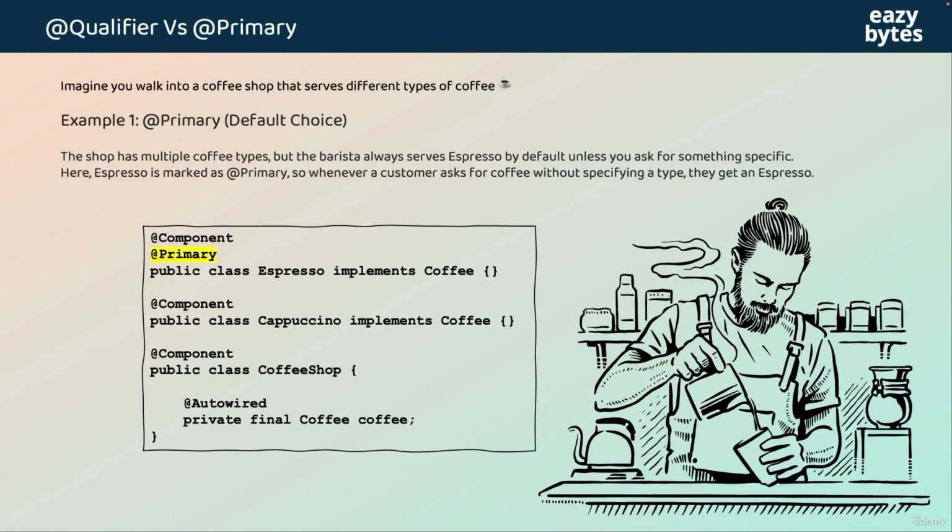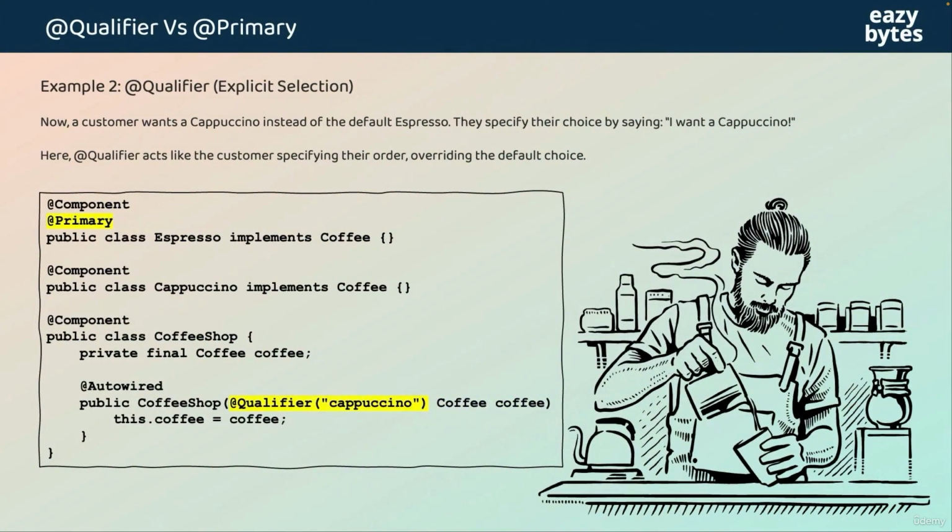But if you are very specific, saying that I want cappuccino coffee only, then this is like using the Qualifier annotation, because you're performing the selection explicitly. Though espresso is the default option, this person is going to give you the cappuccino coffee, because the explicit selection always has the highest priority compared to the default selection.